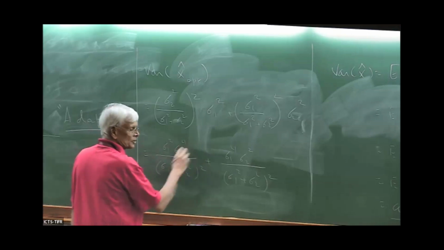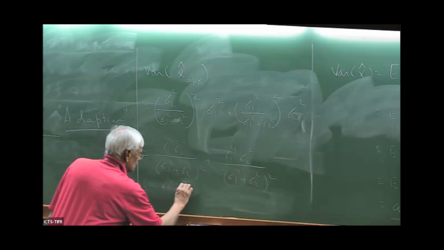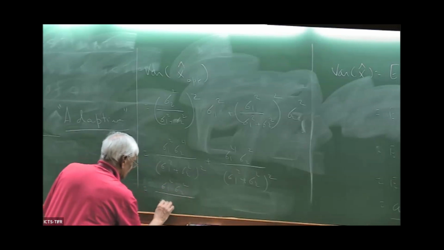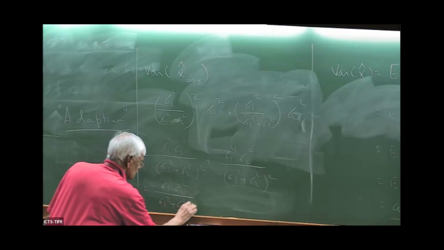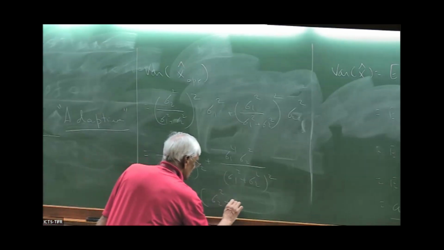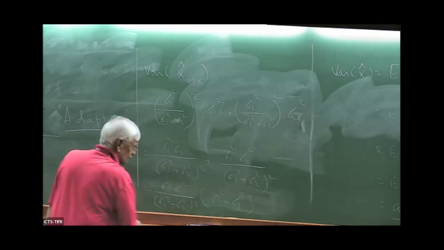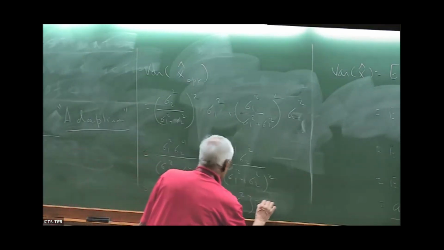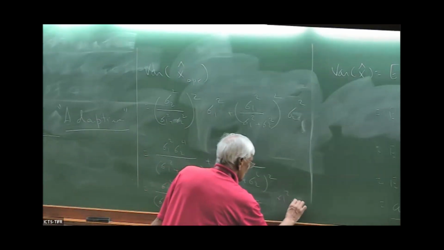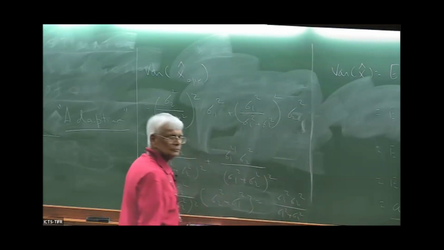Sigma 1 square, sigma 2 square. So this is equal to sigma 1 square, sigma 2 square divided by (sigma 1 square plus sigma 2 square) whole square, times (sigma 2 square plus sigma 1 square). If you cancel this, what do I get? I get sigma 1 square, sigma 2 square divided by sigma 1 square plus sigma 2 square.